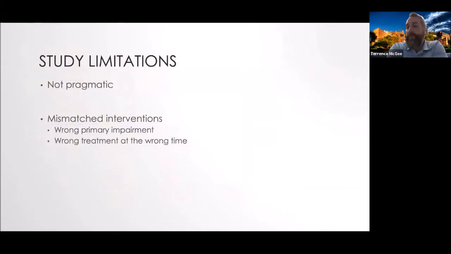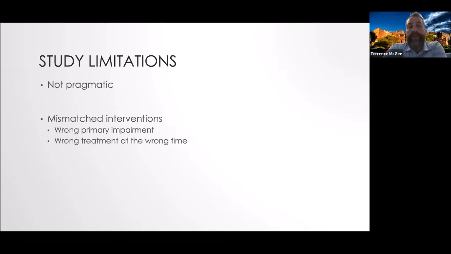So study limitations, not pragmatic, right? We're not just going to have a patient come in and manipulate them or mobilize them and send them on their way. The idea of utilizing mobilization or manipulation is that the patient has what I would refer to as a mobility deficit. And if they have a mobility deficit and you give them mobility, you need to train them then to work in that new range of motion.